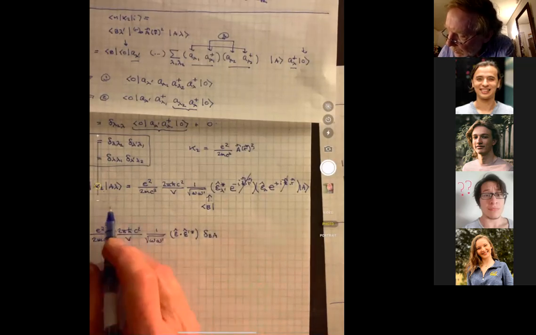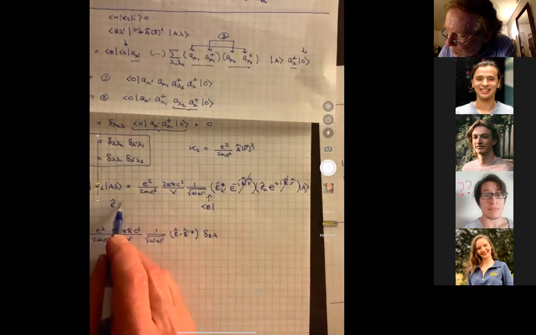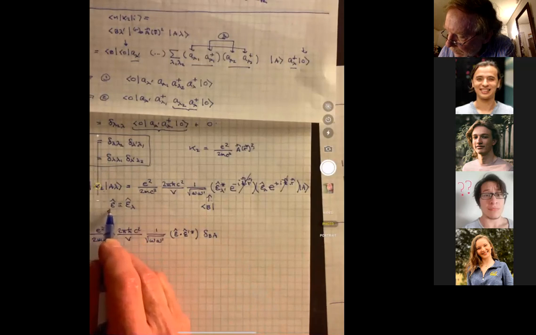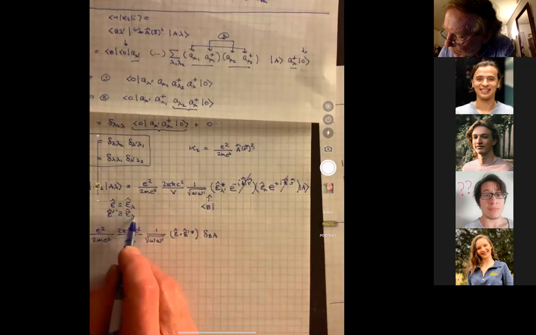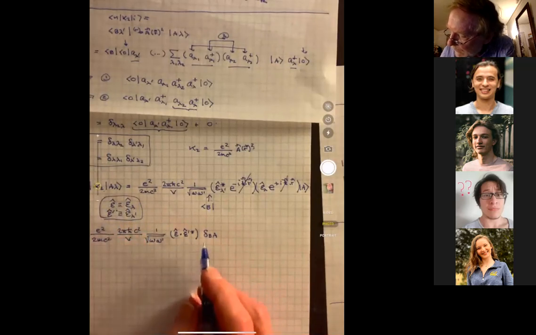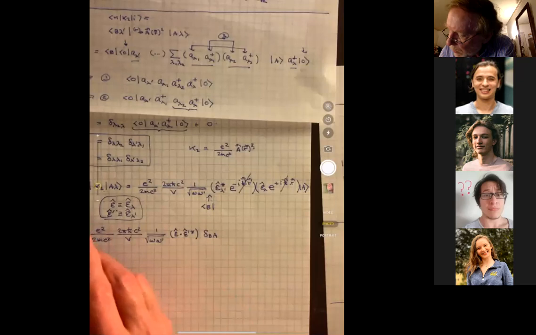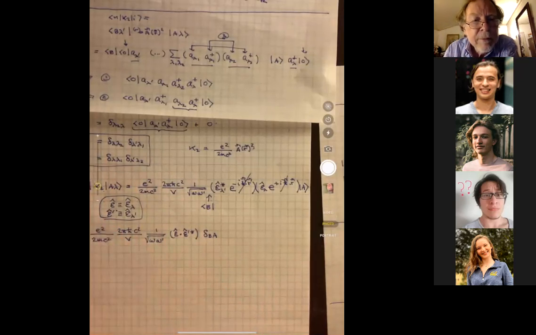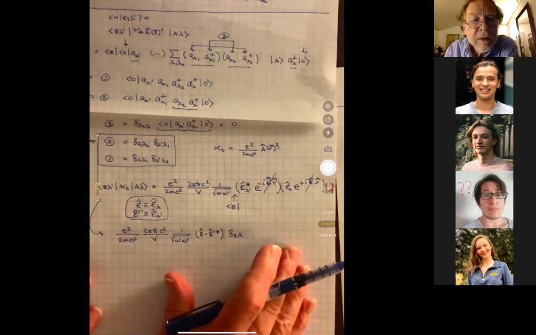I'm making an abbreviation here. I'm just calling epsilon hat the same thing as epsilon lambda, and epsilon hat prime is equal to epsilon hat lambda prime, just a shorthand for these polarization vectors. In any case, this is what comes out for this K. This is term 2 only.